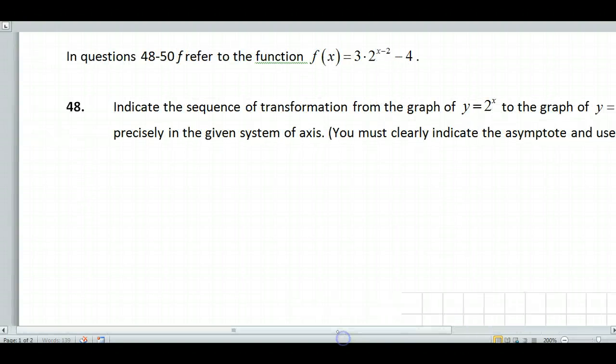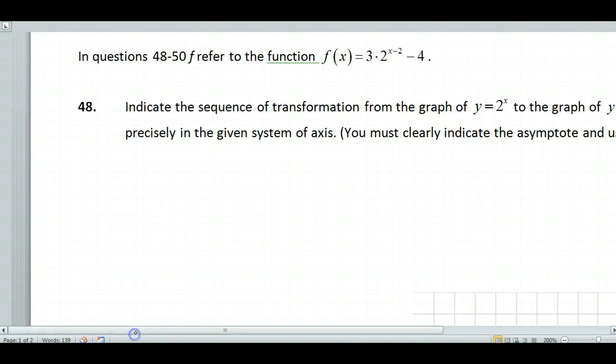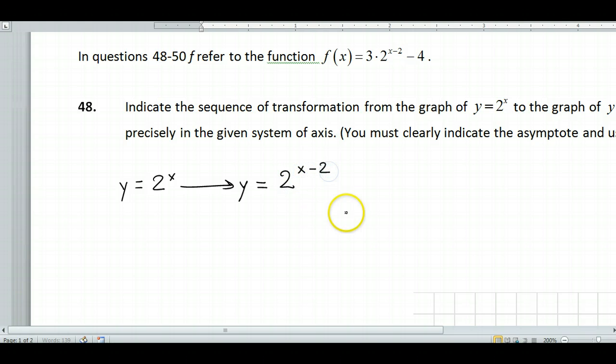Okay, so all right, so we'll see. I'm starting with y equals 2^x, and I go to y equals 2 to the power of x minus 2. Okay, that's the first one.